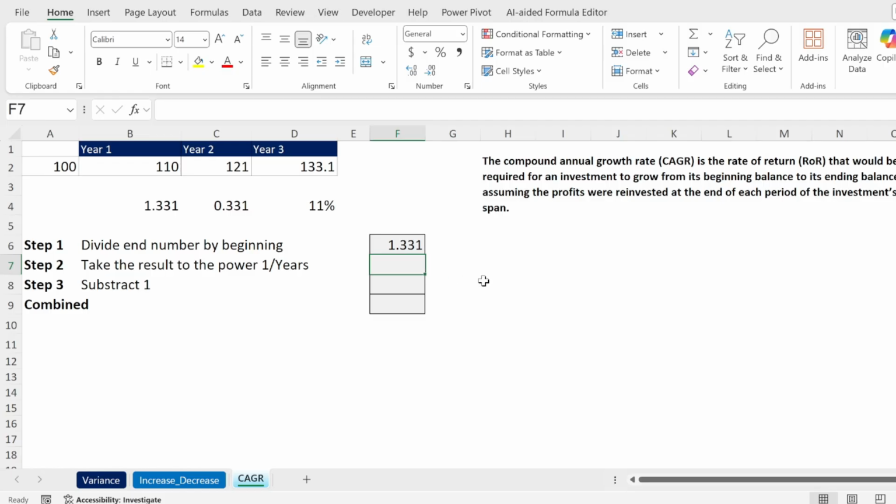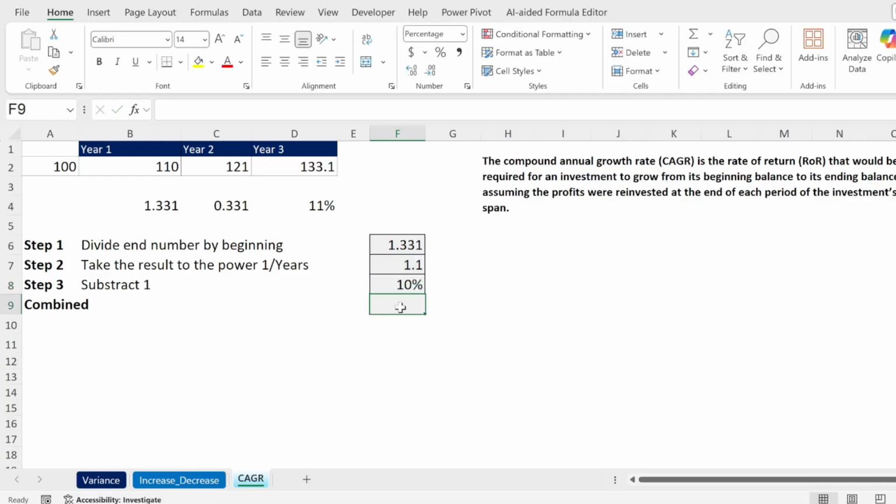What does it mean? So this is my result. You take it to the power, this is power, and you do 1 divided by the number of years, which is 3. And this assumes that you are reinvesting the profits, which is the CAGR definition. So we close parentheses, you get 1.1, subtract 1 from it, and you get your result.